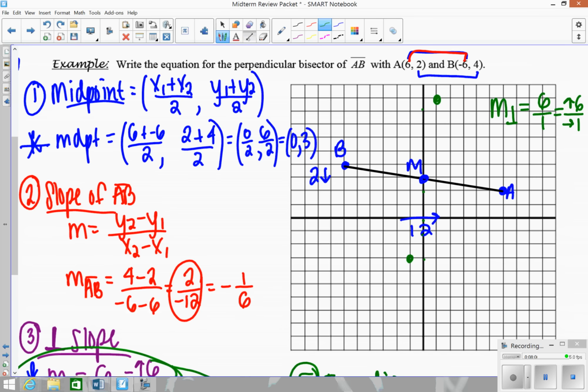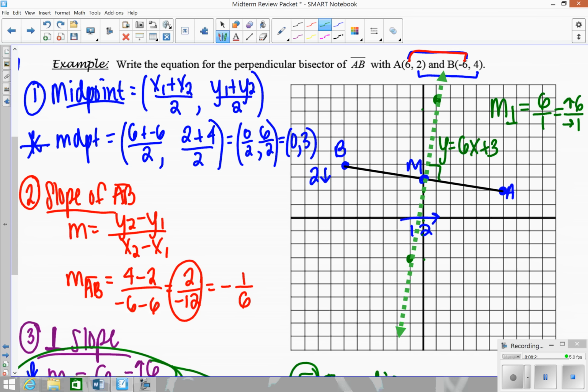And when you connect those, that would be the perpendicular bisector. So that's the graph of the perpendicular bisector, which is also the equation y equals 6x plus 3, which is what we wanted to find.